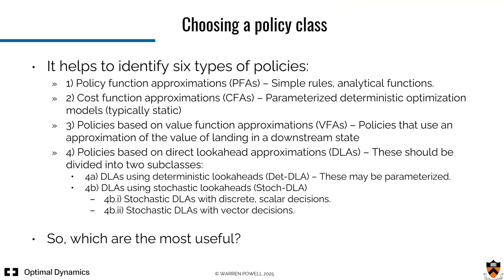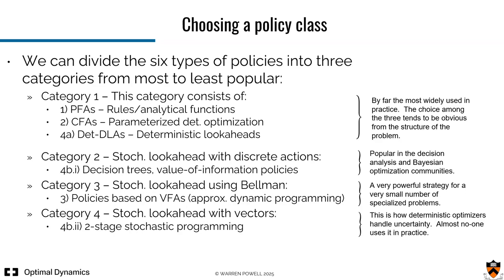Now, I've taken our 4 classes of policies. The 4th class I'm going to divide into 2 categories, deterministic look-ahead and stochastic look-ahead. Then I'm going to divide the stochastic look-ahead between problems where the action is a discrete action, red, blue, green type of thing, or whether the decision is a full-blown vector. So now I have 6 types of policies, and we can ask the question, which are the most useful?